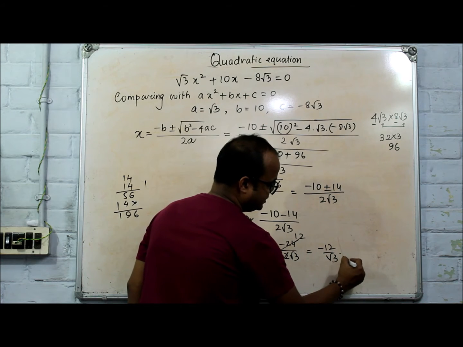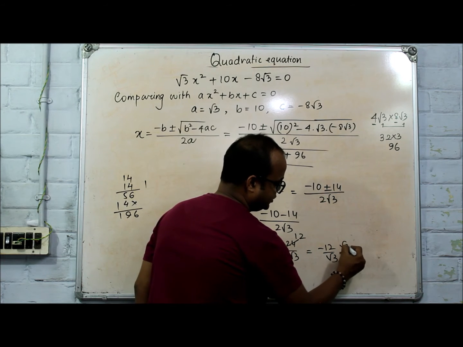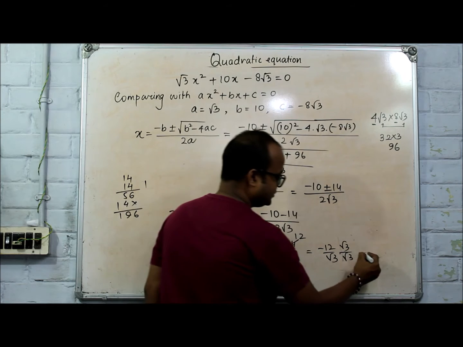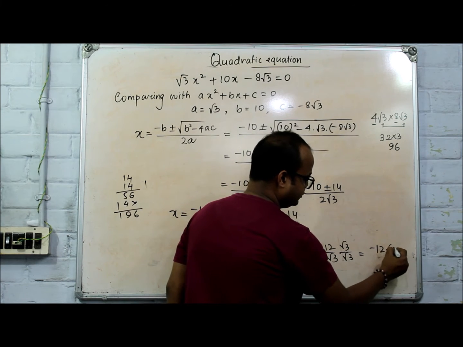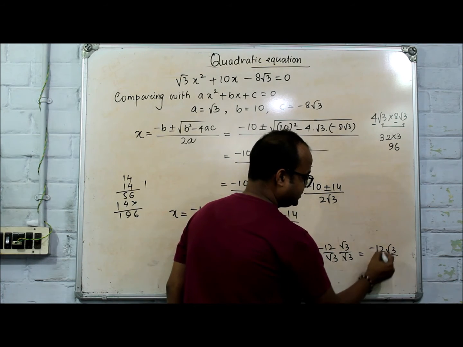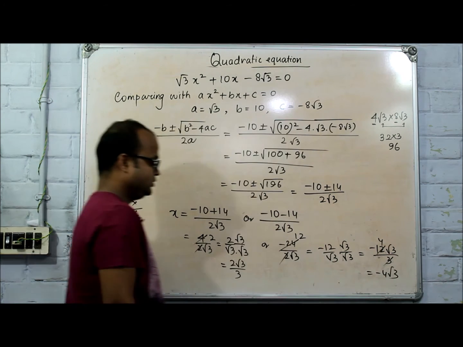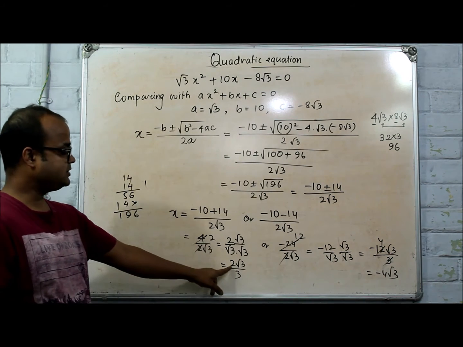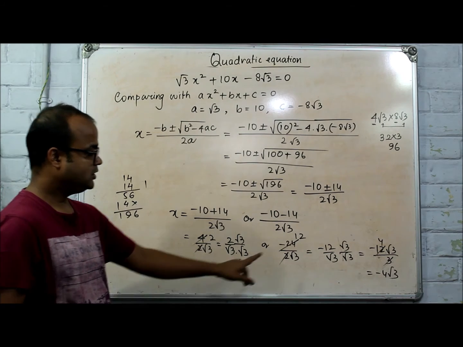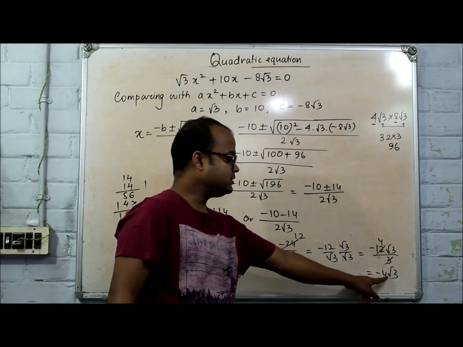Again we rationalize by multiplying numerator and denominator by root 3. So minus 12 root 3 by 3, 3 4s are 12. So we get minus 4 root 3. So the value of x is 2 root 3 by 3 or minus 4 root 3.